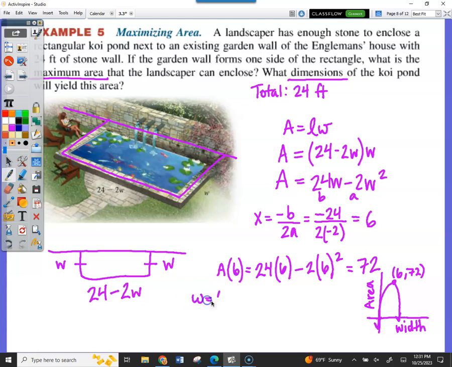The width would be 6 feet, which means the length would be, go back up to your picture. How do you get the length? Plug it in. So 24 minus 2 times 6. 24 minus 12 is 12. And that would result in an area of what? Square feet.